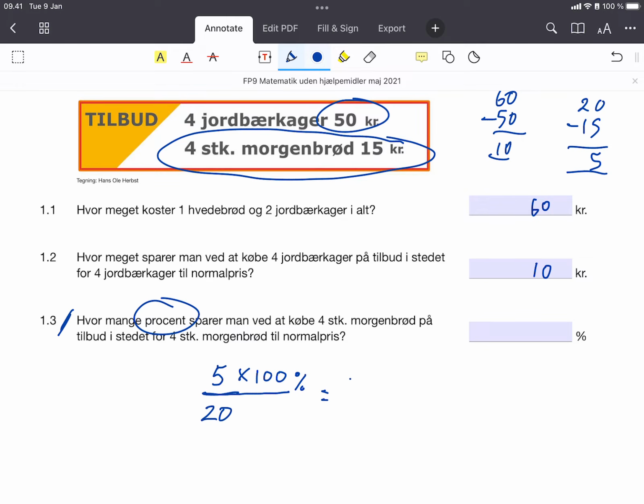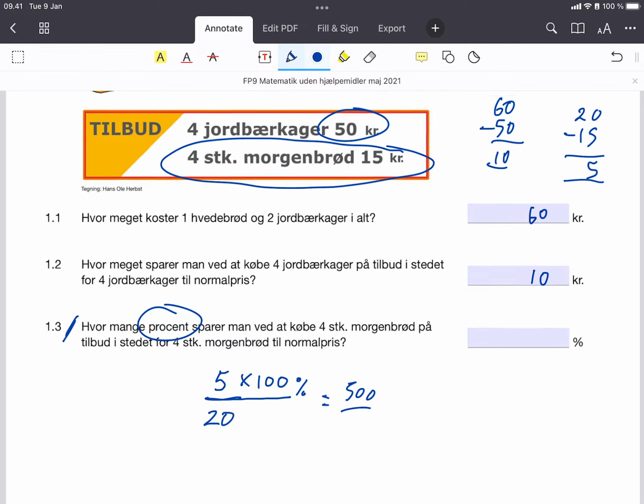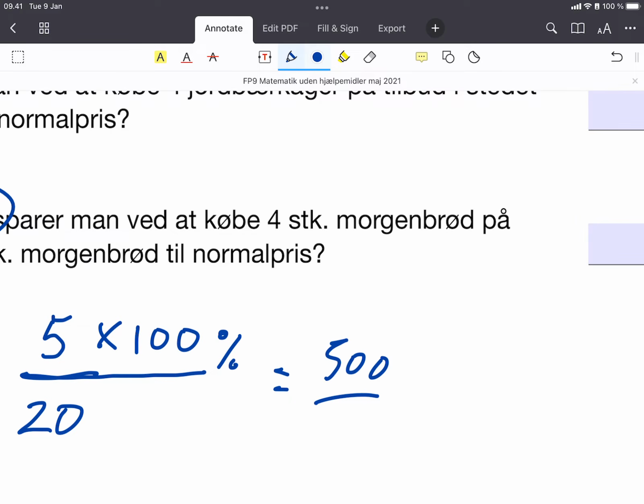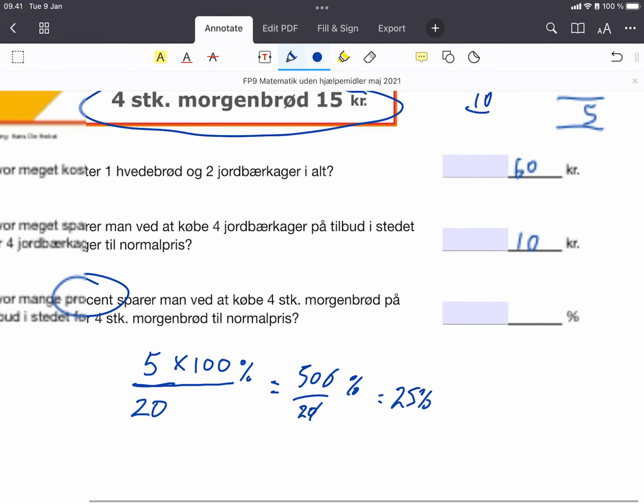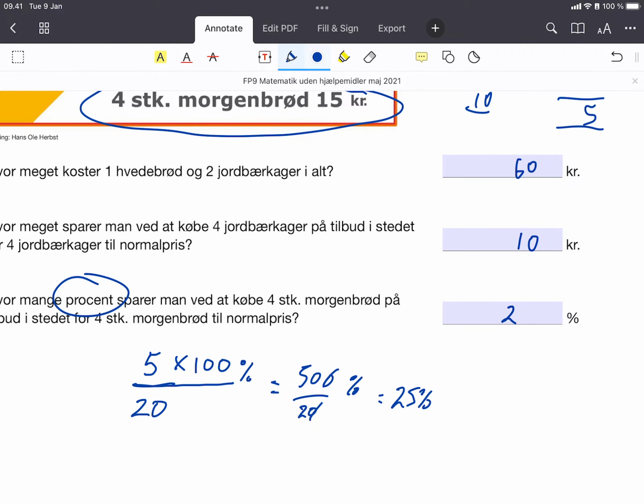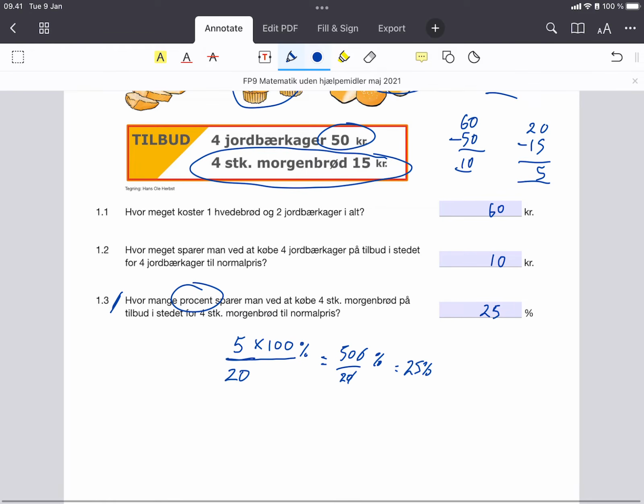So that's 500 over 20. Having a bit of trouble with my pen here. Percent. 500 divided by 20, 50 divided by 2, it's 25%. So you are saving 25% out of the original price that you would have paid, and it's got to be calculated out of the original price. That's what you're comparing it to.